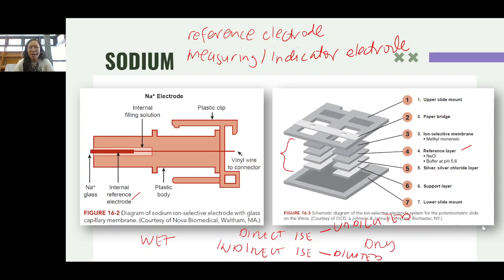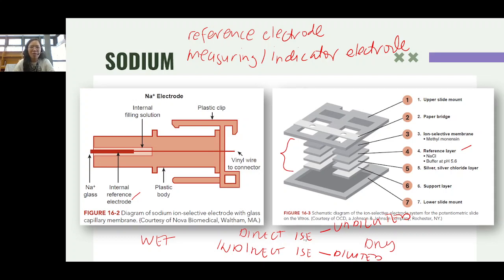In that case, better use your direct ISE. Let me just double check that one, kids. But as far as I could recall, what Bishop mentioned is better use your direct ISE in those cases.